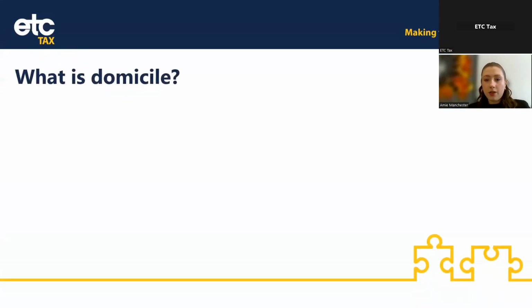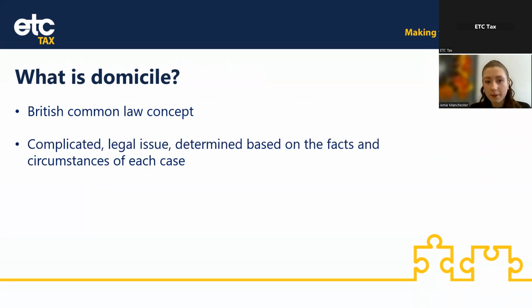Okay, so just moving on to domicile. Domicile is only relevant when we're looking at whether the individual has any foreign income and gains, which we will come on to talk about in a little bit more detail shortly. It's a British common law concept, a very complicated legal issue determined based on the facts and circumstances of each case.